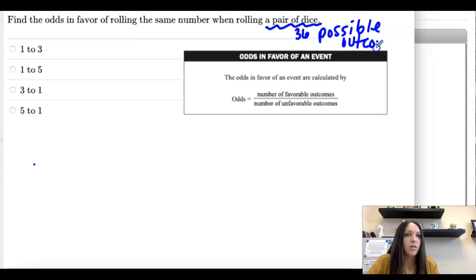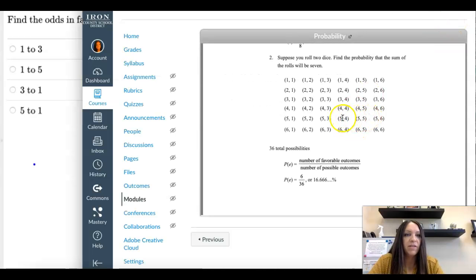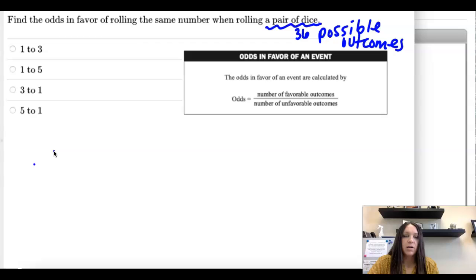You could roll any of these. You could roll a 5 and a 5, a 5 and a 4, 3 and a 5, 2 and a 2. Okay, so when I'm talking about odds, we know that these numbers, the numerator and the denominator, are going to add to 36 because that's our total possible. But we need to look at favorable and unfavorable.